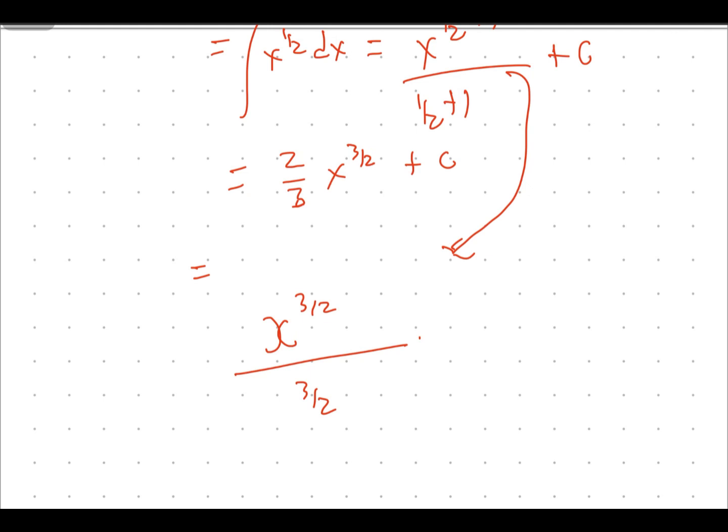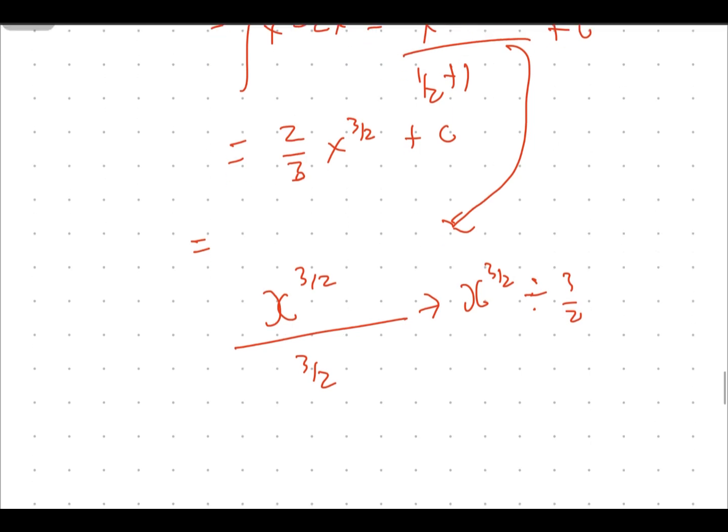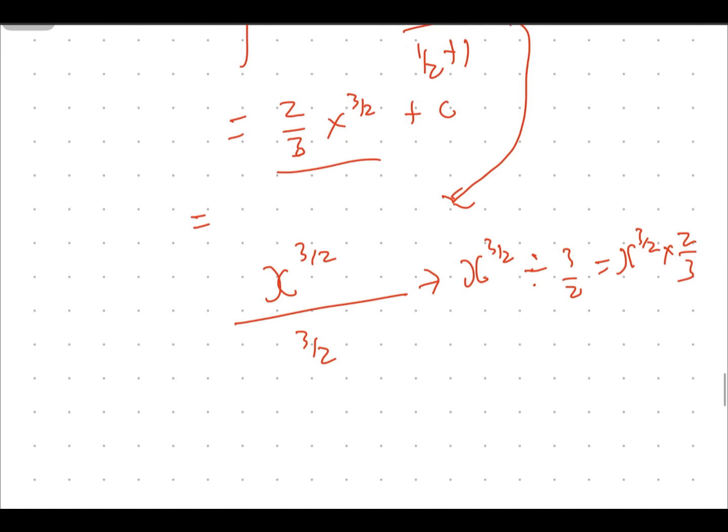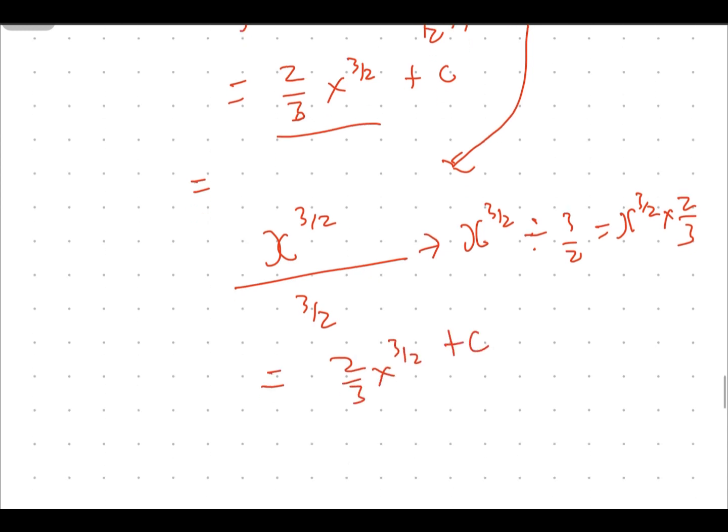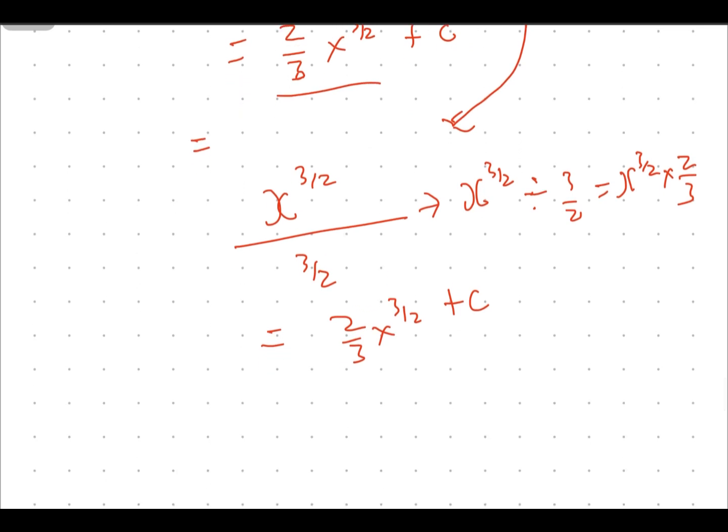And we know that if I want to do a reciprocal here, I'm going to get x power 3 over 2 divided by 3 over 2. So changing this sign to multiplication, we are going to get x power 3 over 2 multiplied by 2 over 3. That's the reason why I got 2 over 3 x power 3 over 2 plus c. So the final answer is 2 over 3 x power 3 over 2 plus c.